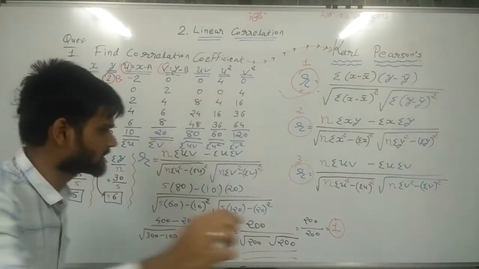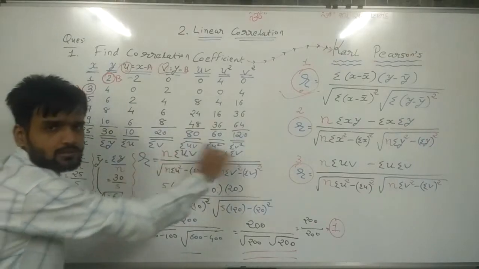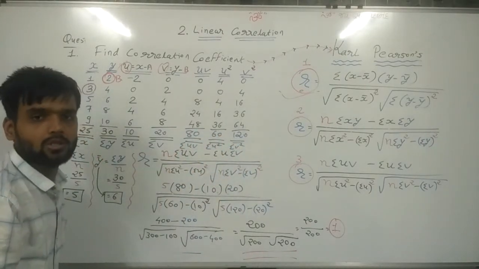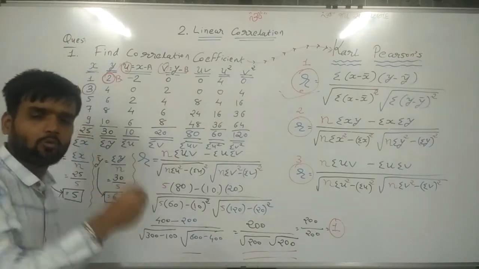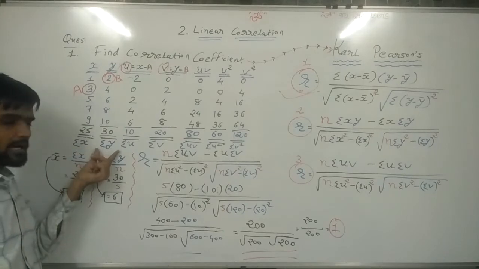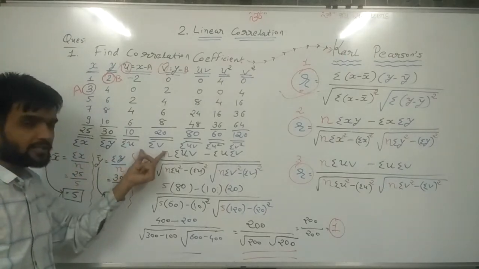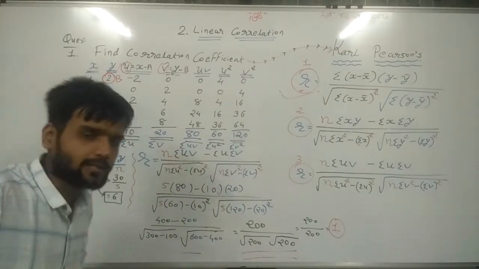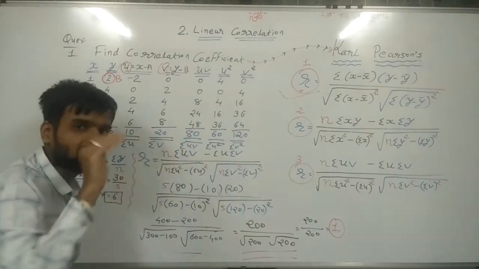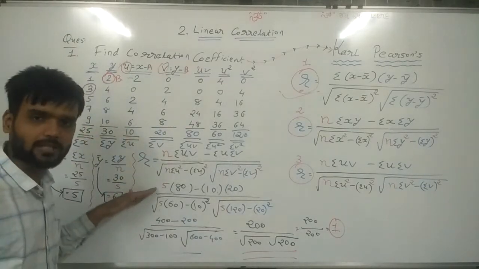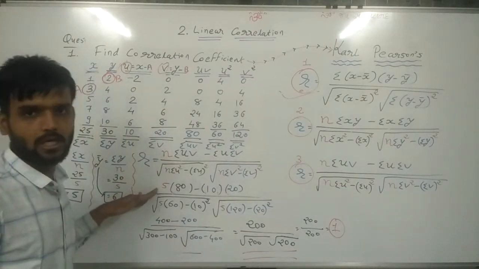Always remember that. Write sigmas at the bottom of the column so that you can directly understand what the value actually is. Here I have written sigma x, sigma y, sigma u, sigma v, sigma uv, sigma u square, sigma v square, so that you can easily understand these are the values which are the sigma of that particular column, and you can easily replace values in the formula.